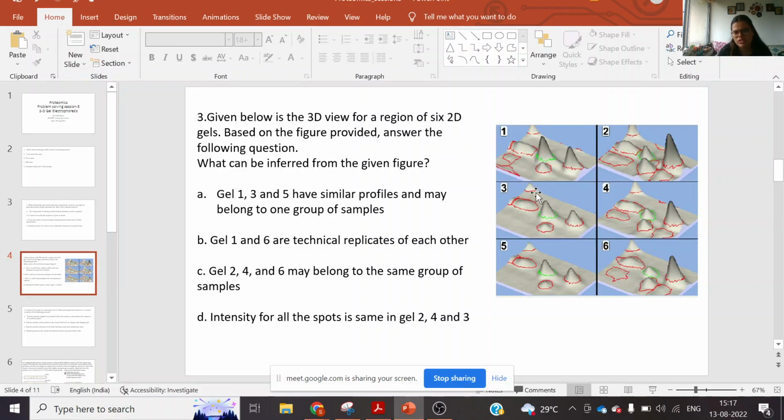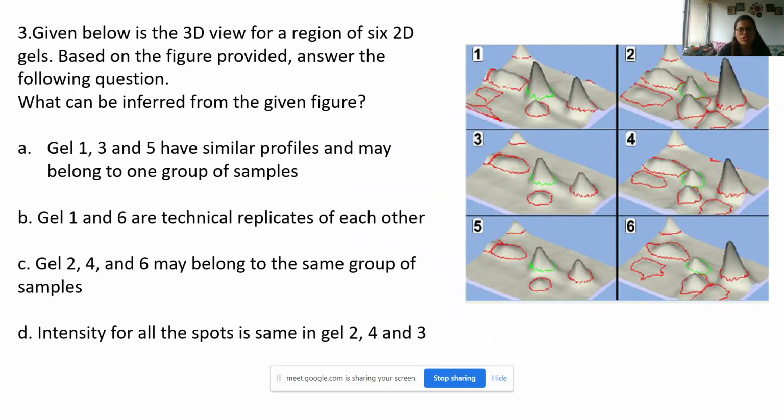Even this region is quite different in this case. So I don't think this is a technical replicate because, as I explained, technical replicates are from the same sample and have gone through the same experimental procedure, so it should ideally be the same. So this is completely wrong. So this option is gone.